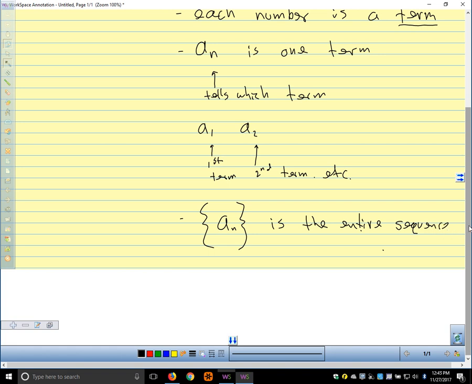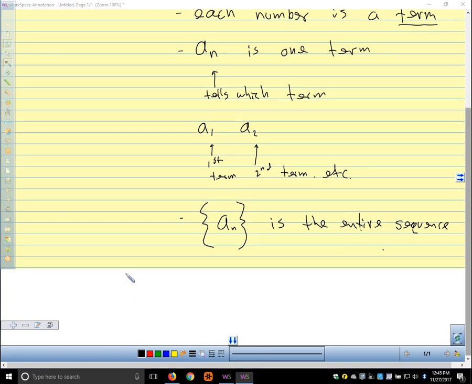They just have to be little squiggles. This refers to the entire sequence. So if our sequence is 100 numbers, we can refer to all 100 numbers at once by writing braces a sub n.